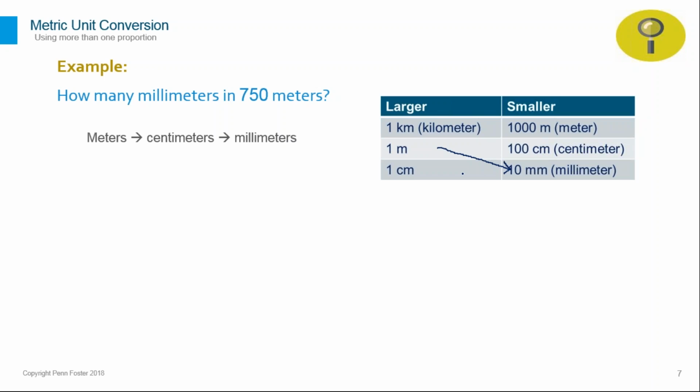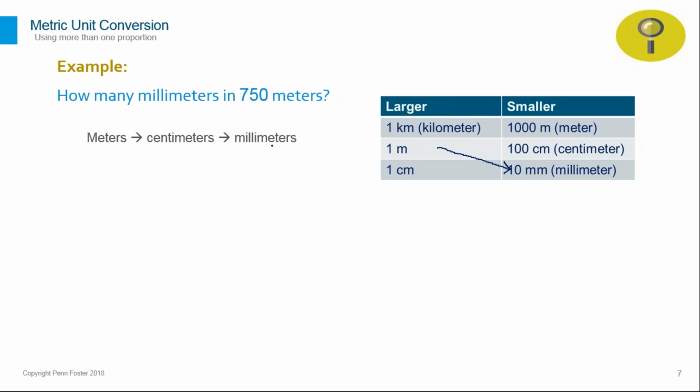It's not a big deal. But let's just say that you do not have access to that information and all you are provided with is the conversion table. So in this case, we have to have two proportions, one to convert meters to centimeters, and the other one to convert centimeters to millimeters.